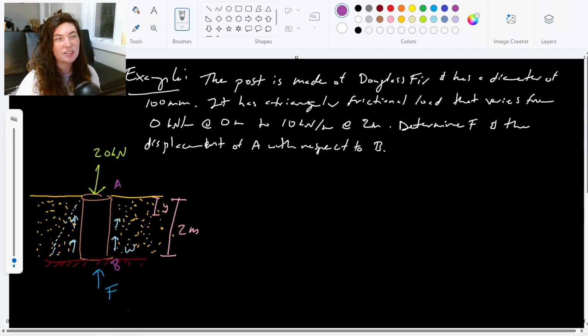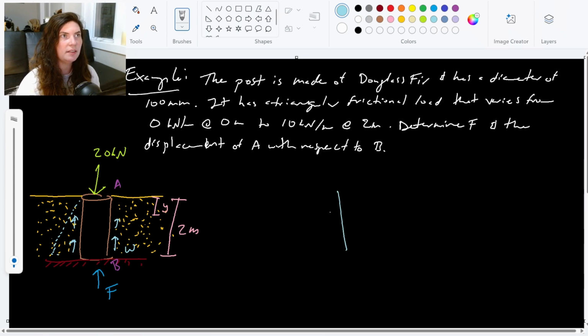So first things first is finding F, which is actually going to be the easiest part of this because it's just using our knowledge from statics, applied in a slightly different way. We're not really used to seeing these triangular loads in a vertical sense.